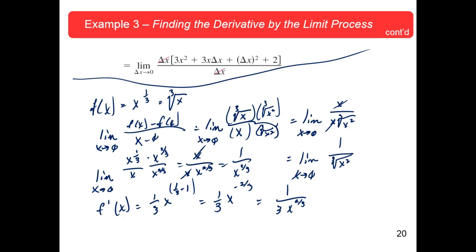This times this would be x cubed, and the cube root of x cubed would be x. That was on purpose. So you raise x to the second power to get rid of that radical.